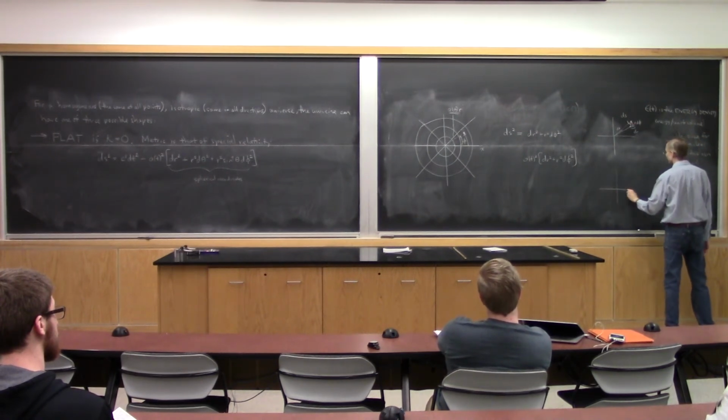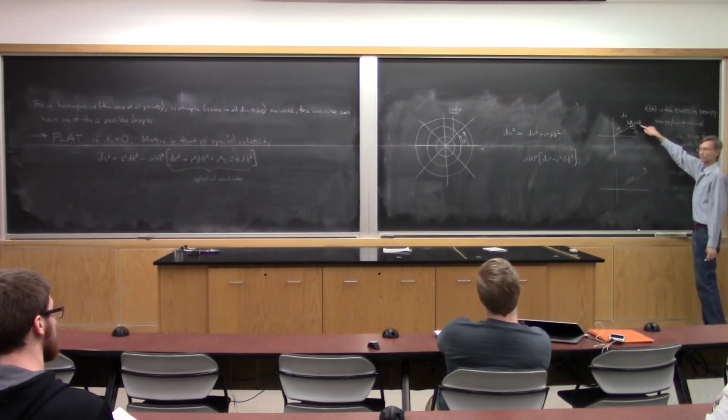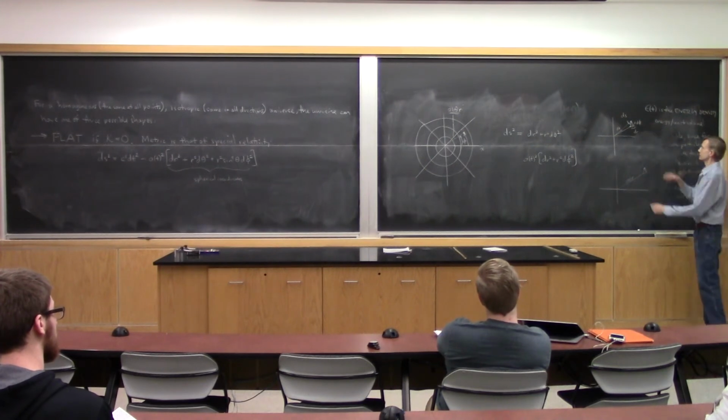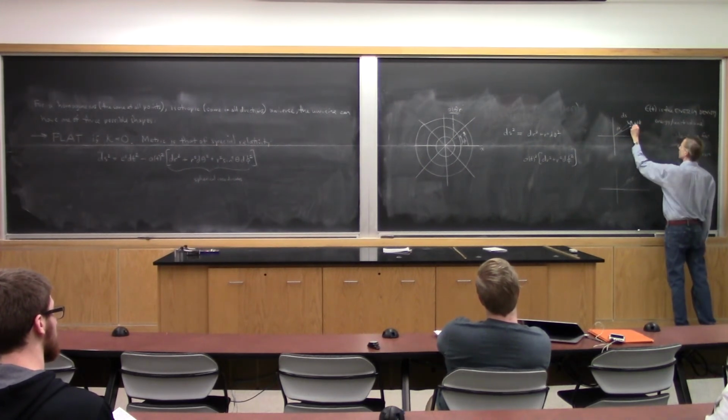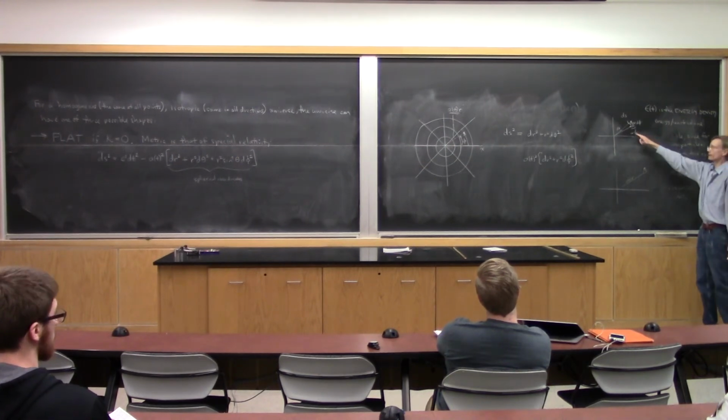But if the actual distance from the origin is A of t times r, then these both get multiplied by A as well. This would be A dr, and this would be A r times dphi, because A r is how far you are from the origin, and A dr is how far you moved away from the origin.